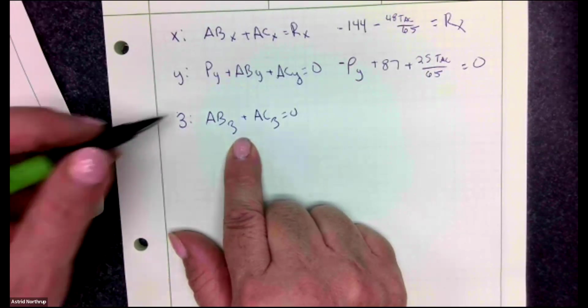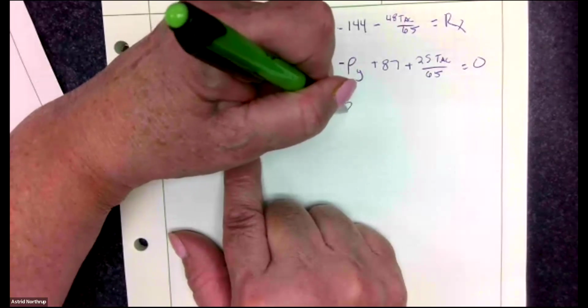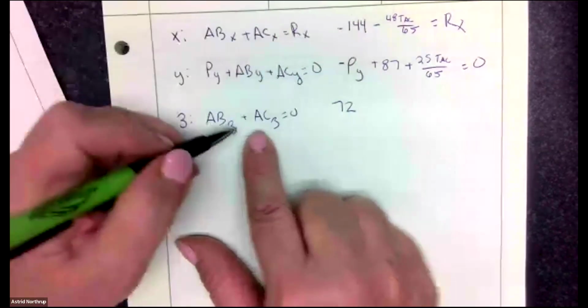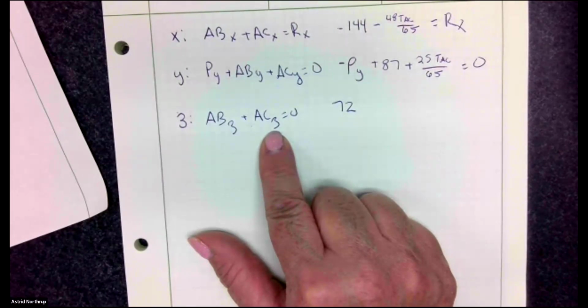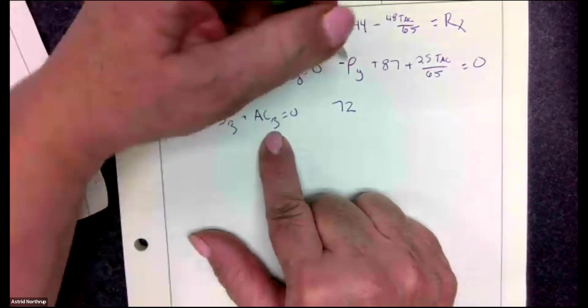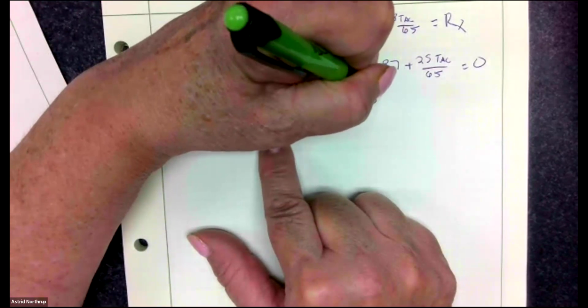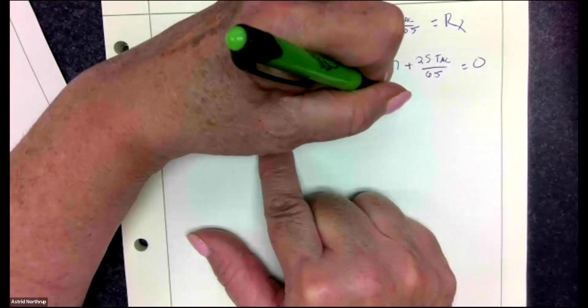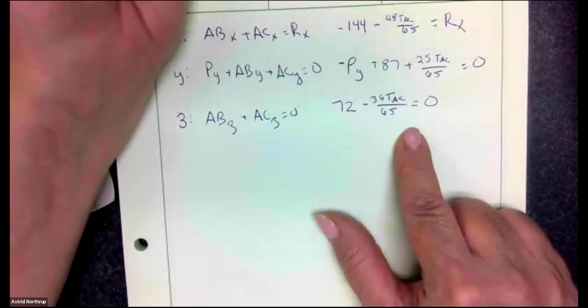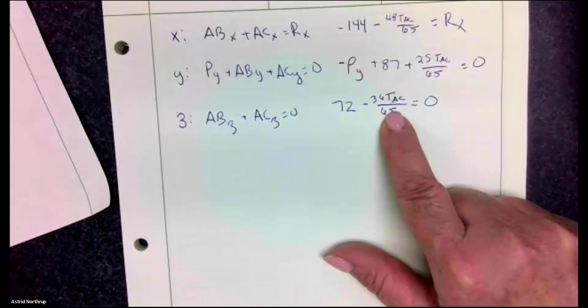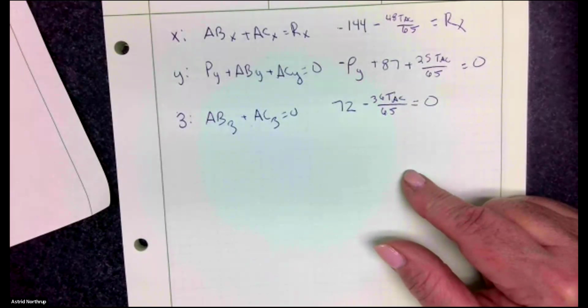A sub B in the Z direction is 72 pounds. And A sub C in the Z direction is negative 36 TAC over 65. Those two things added together equals 0. So I think I'm going to be able to solve for TAC immediately using the Z direction equation.